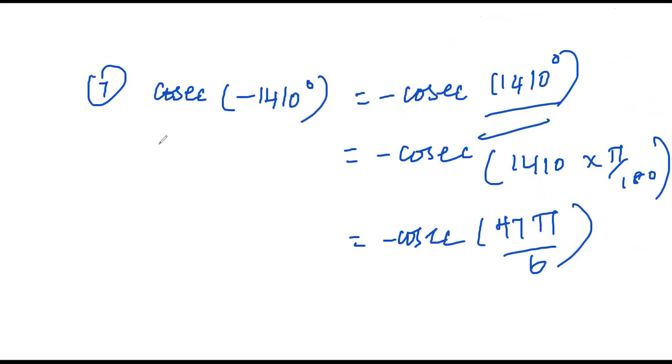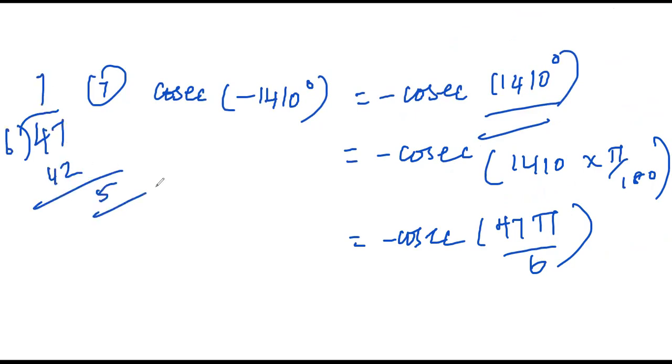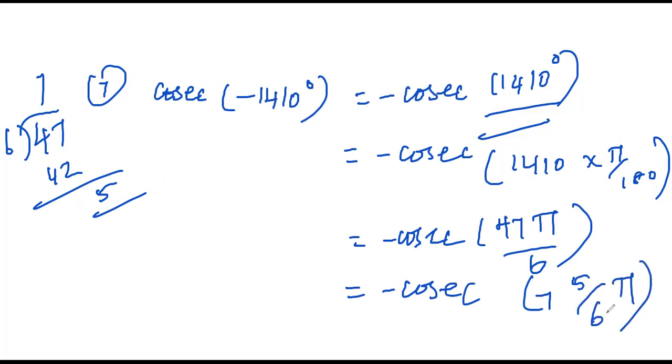If you convert this, you will have a mixed fraction like this, cosecant of 7 pi plus 5 pi by 6. Can you follow, Srishti? Is it clear so far? Yes. Okay.